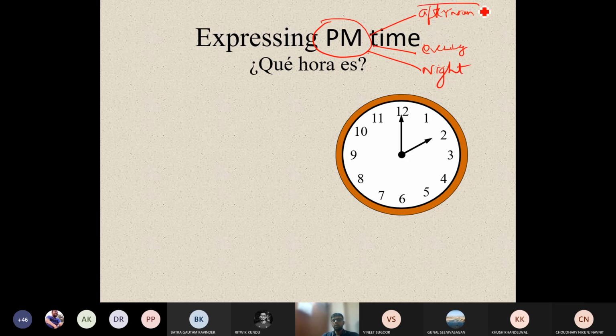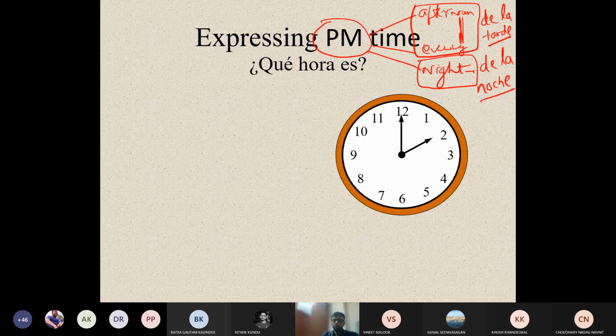For the afternoon and evening time, there is going to be one common expression in Spanish, and for night time you are going to have a different expression. So altogether, you will have four expressions for AM and PM. If the time falls under afternoon or evening, you should be using de la tarde. And if it is night time, you should be using de la noche.